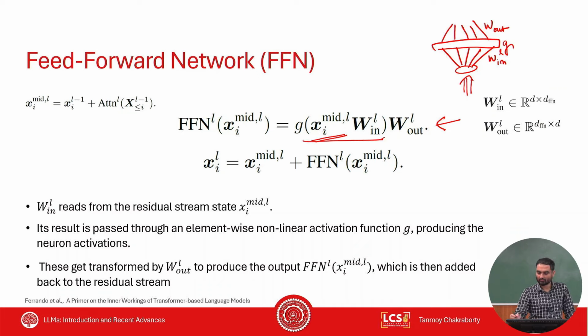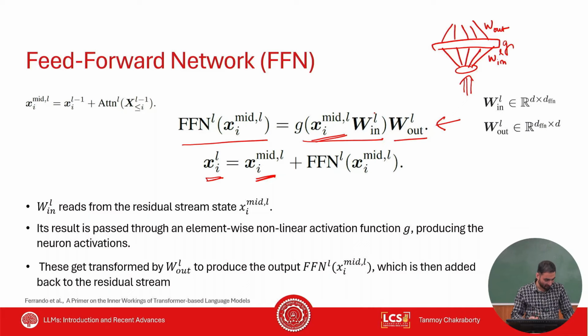This will further be fed through W_out, and this will produce the feed forward output, the FFN output, which will be added to the input through the residual connection, and this will produce the output for the residual stream. Although this looks like a very simple operation, if you look at it very carefully, there are very interesting observations that you can infer out of this equation.